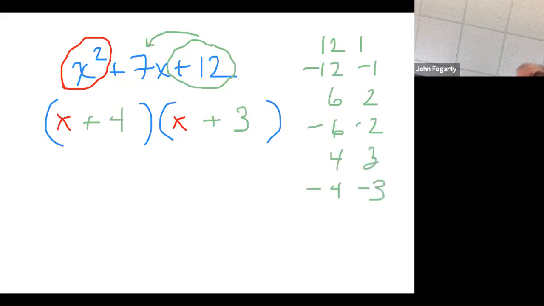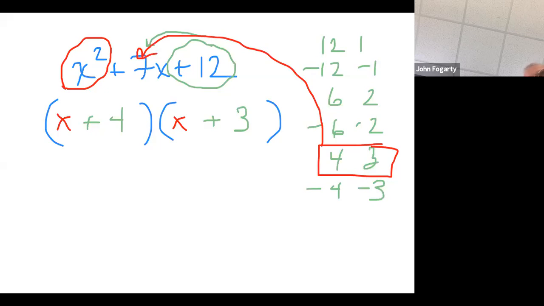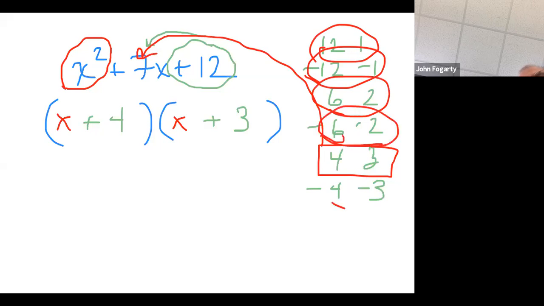Now, how come we chose this as our answer? Because that's the only pair where the sum is the linear coefficient. This would be 13, negative 13, 8, negative 8, negative 7.